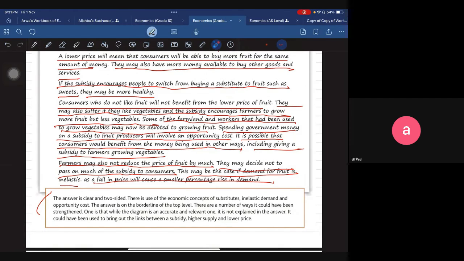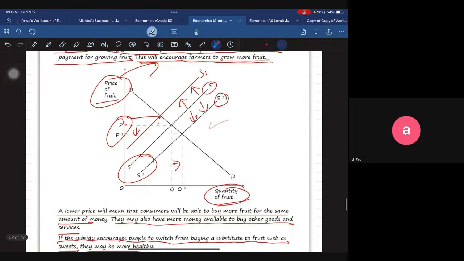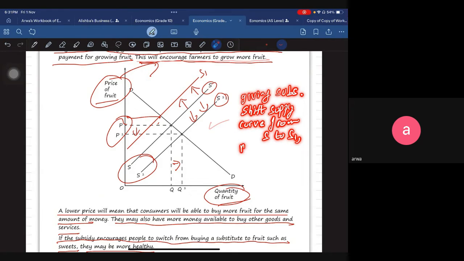So how he would have explained it, like he would have said that giving a subsidy can shift the supply curve from S to S1, resulting in a lower price from P to P1, and quantity will increase from Q to Q1.